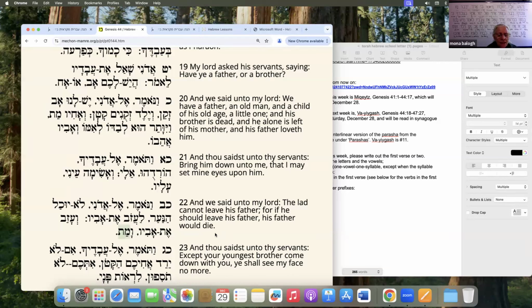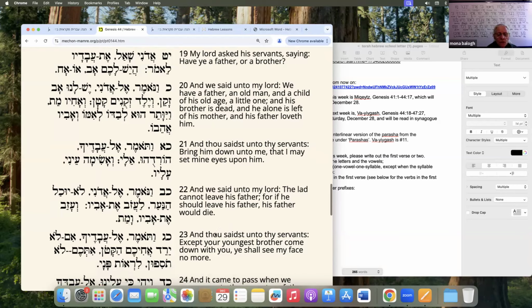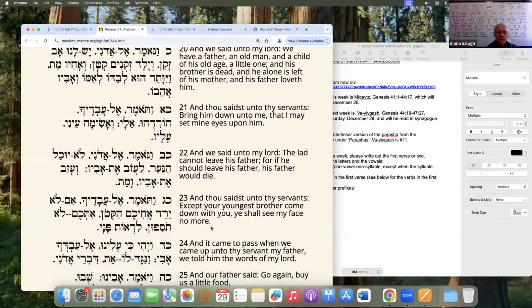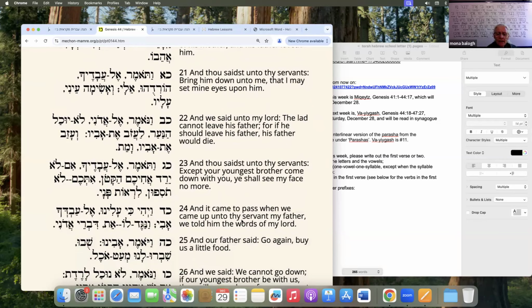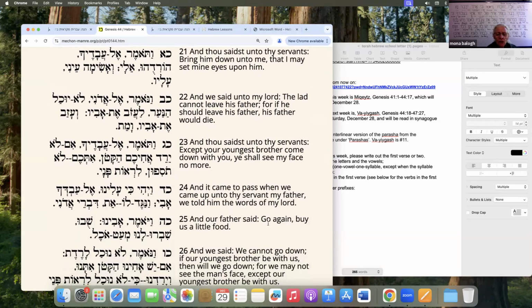Yes, mate, he would die. That's true. Well, at least that's the way Jacob feels. And you said to your servants, except your youngest brother come down with you, you shall see my face no more. And it came to pass, when we came to your servant, my father, Jacob, we told him the words of my Lord. And our father said, go again, buy us a little food.